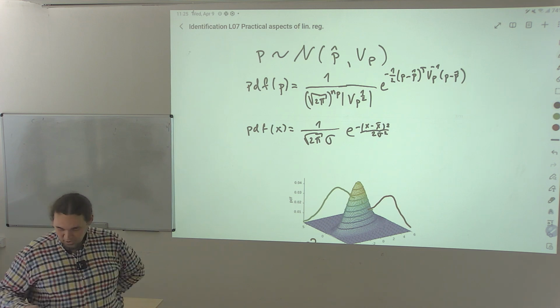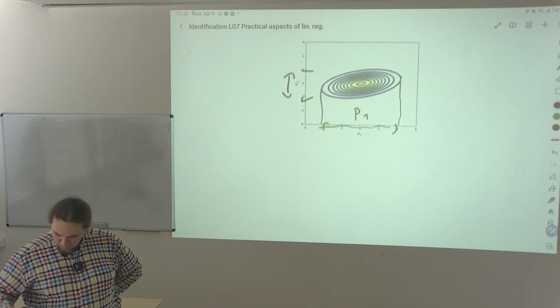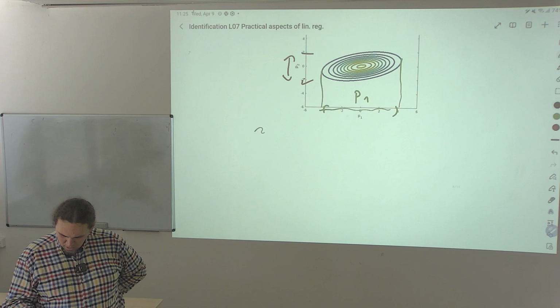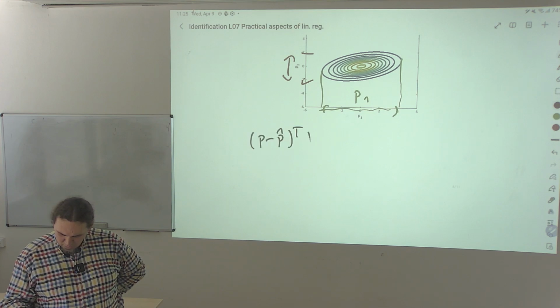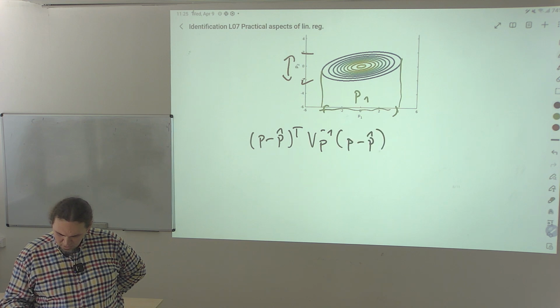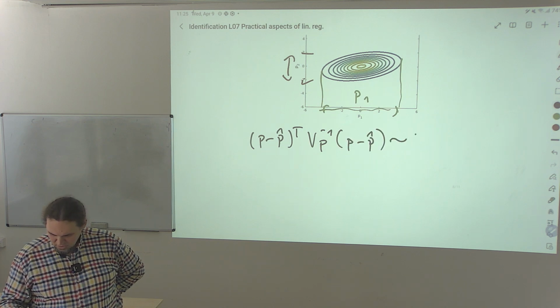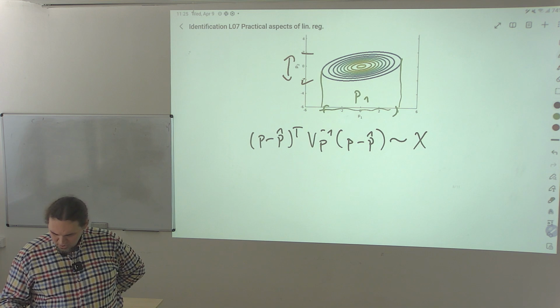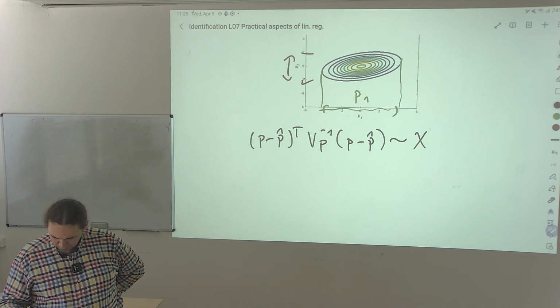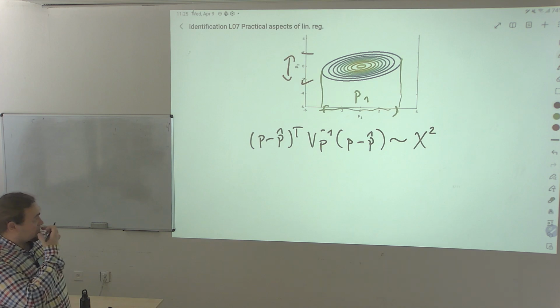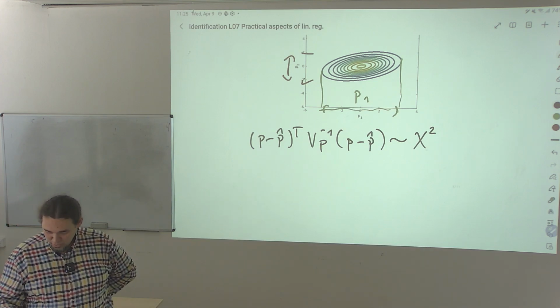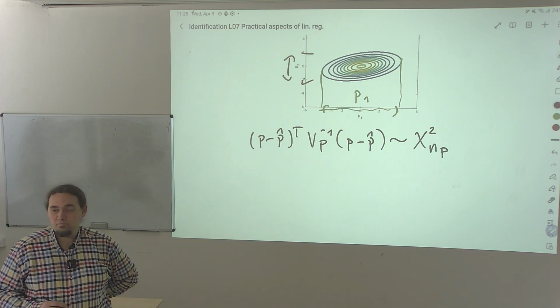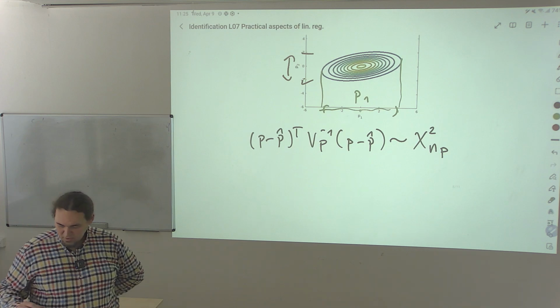The similar thing we can do here, and we can take our P minus P hat transpose VP inverse and say that this is going to be distributed as a chi-square distribution with np, the number of parameters.